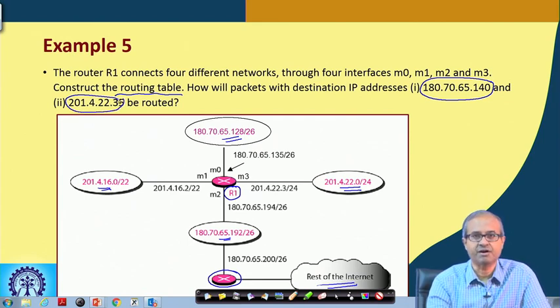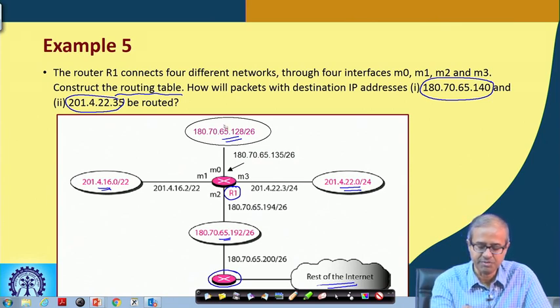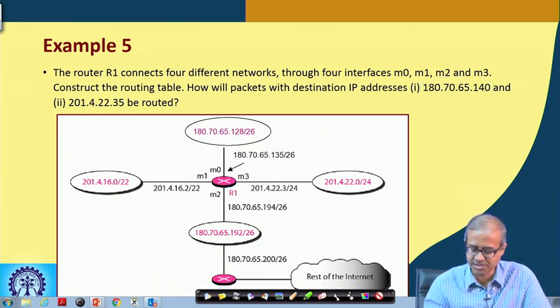for these 2 packets, how they will get routed. Well, the routing table will be very simple. There will be 4 entries, one corresponding to M0 with this network, M1 with this, M2 with this, M3 with this, and the default will be this. Via this default it will go here. I am actually showing you the solution, you can just verify.